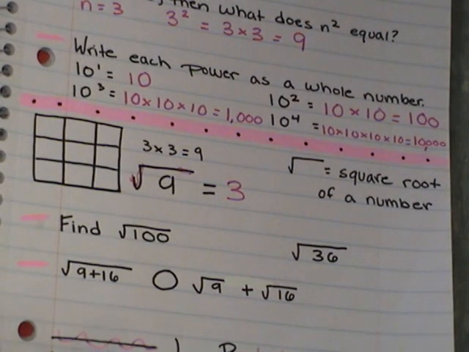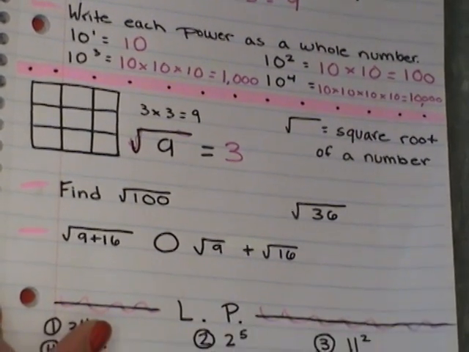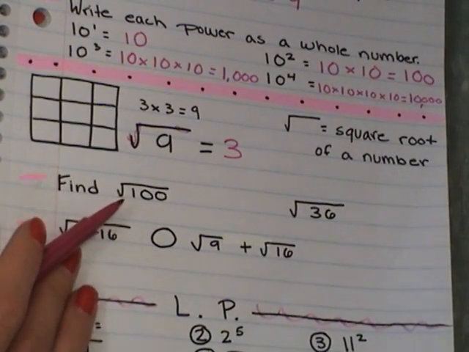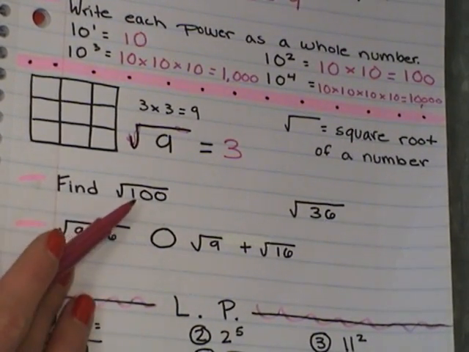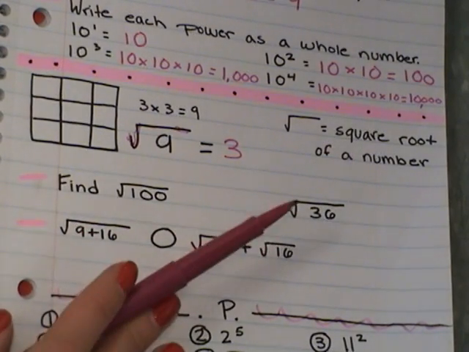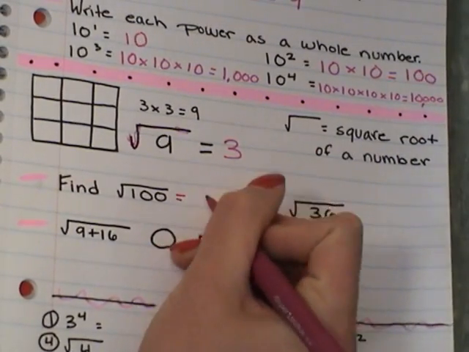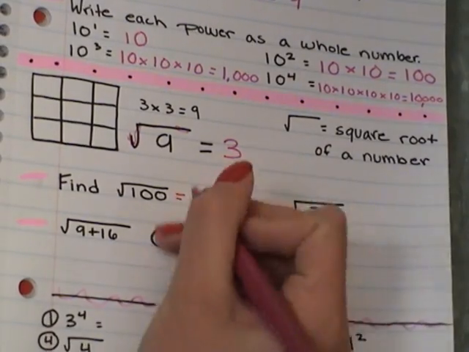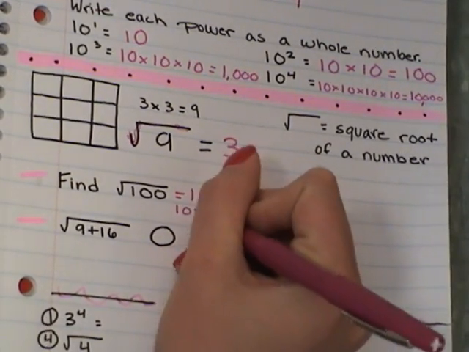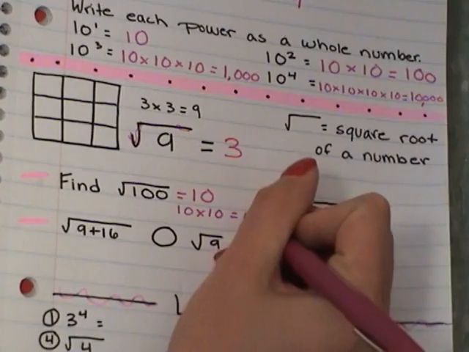So, here, I've given you 2 examples. Try these by yourself. What number times itself gives you 100? Same with 36. What number times itself gives you 36? Alright, and this is equal to 10, because 10 times 10 equals 100.